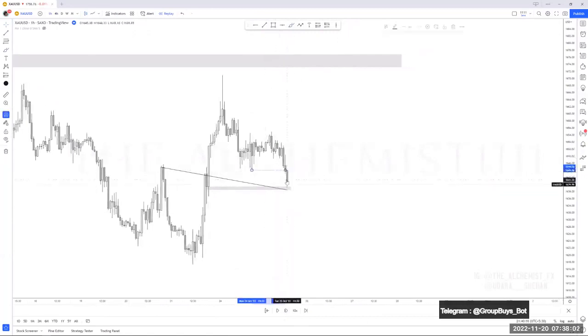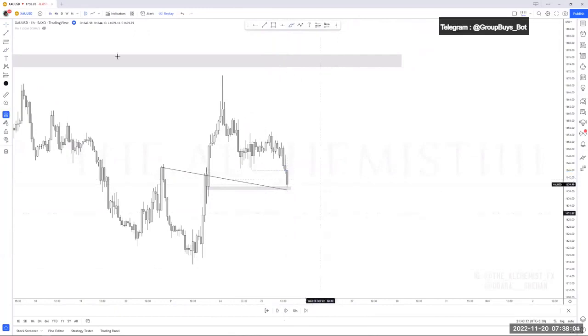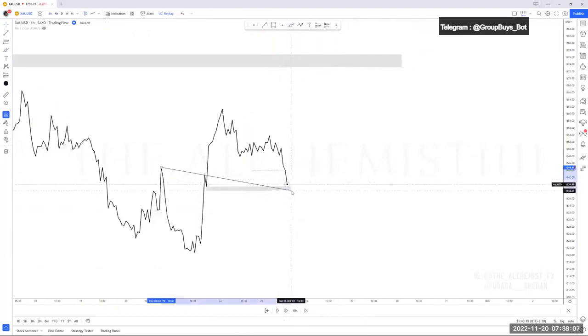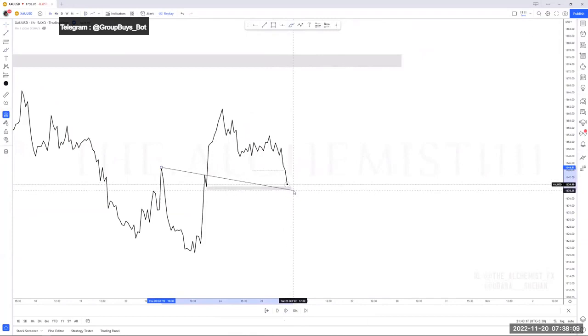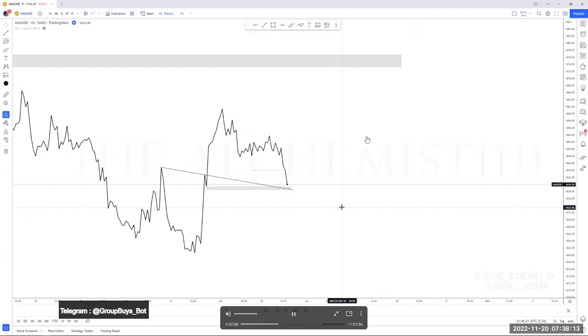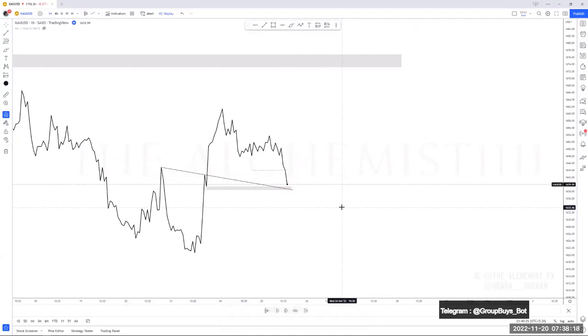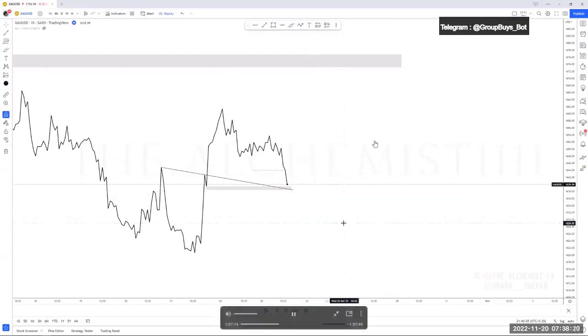Even with the session times. I don't trade Asia actually. I only trade London Kill Zone, London Open, New York Kill Zone, and New York Open. Those 4-hour candle closing times can be used as extra confluence.